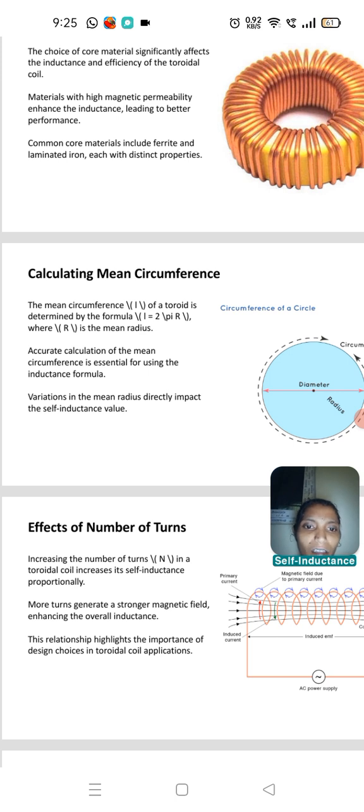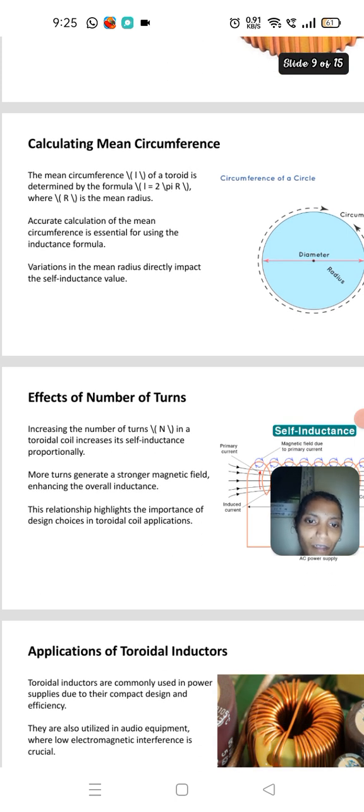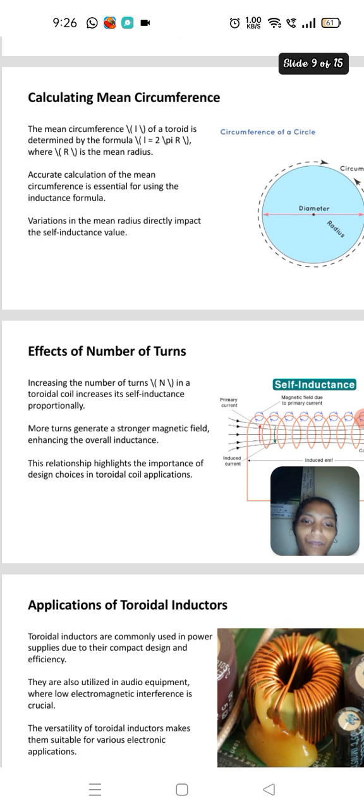Variations in the mean radius directly impact the self-inductance value. There is a circumference of a circle we have seen in this figure. The line from the middle point to the edge is the radius, across the circle is the diameter, and the total circle boundary is called the circumference.